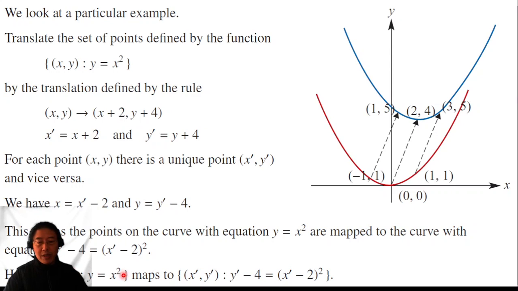Therefore, we started with y equals x squared, and the new rule is y prime minus 4 equals (x prime minus 2) squared. So again, by doing a translation of 2 units to the right and 4 units upwards, it becomes a minus 2 and a minus 4 in the new rule.